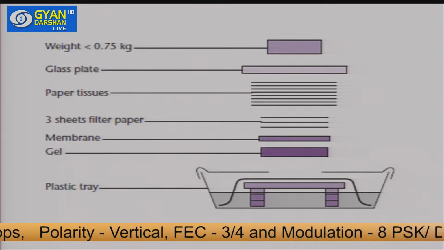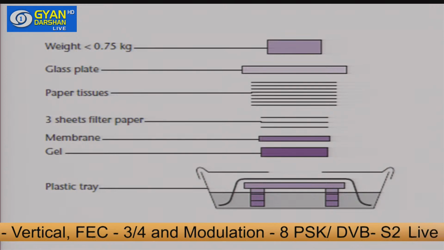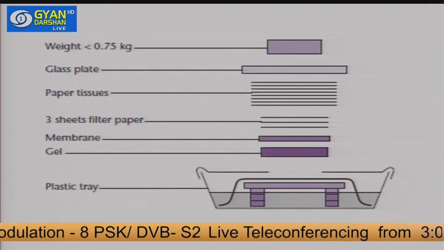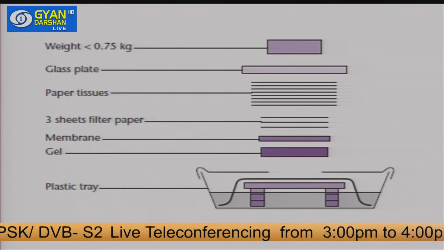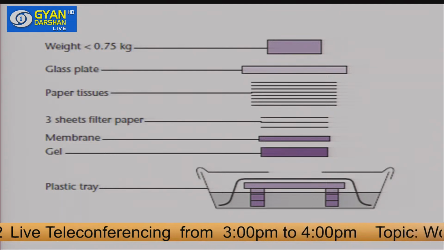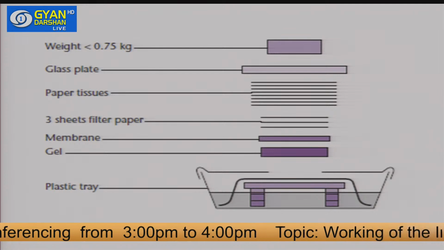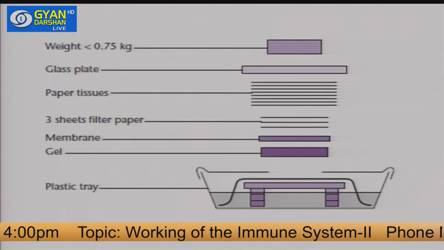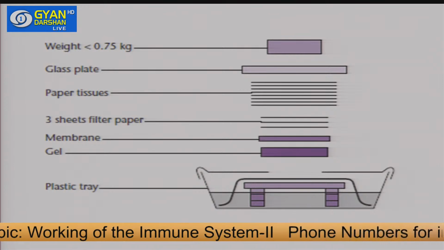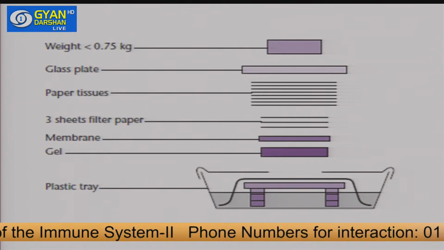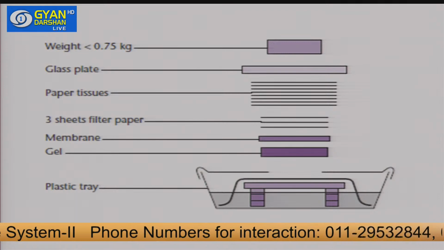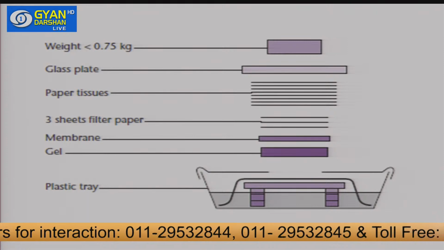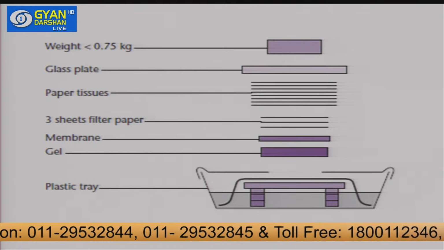Maybe overnight you leave it as such, or maybe for 18 hours or even 24 hours, and the next day you have to dismantle the entire apparatus, and then finally you will be able to make out that the DNA has been transferred from the gel to the membrane. So this actually completes your transfer process.